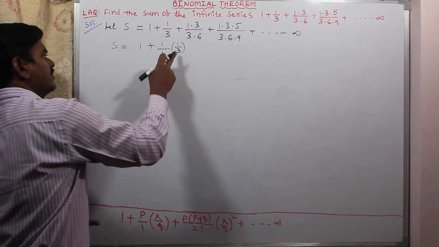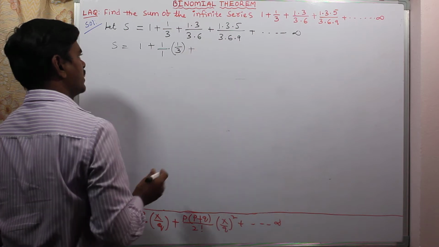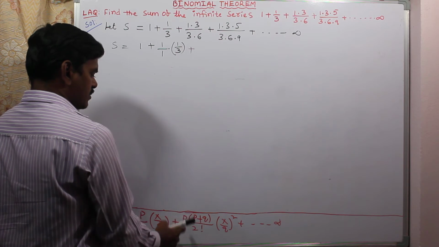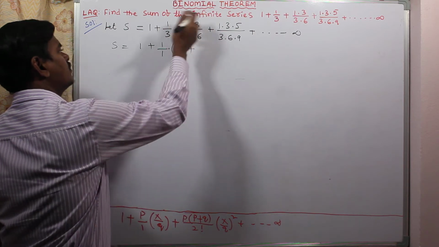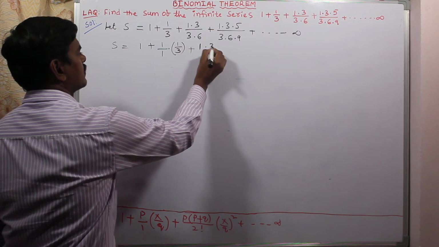If you multiply one side by 1 by 3 into 1 by 3 only, we won't get any change in the expression. Now p into p plus q by 2 factorial, p into p plus q. So we can assume 1 into 3 as p into p plus q. There would be no problem for the numerator.